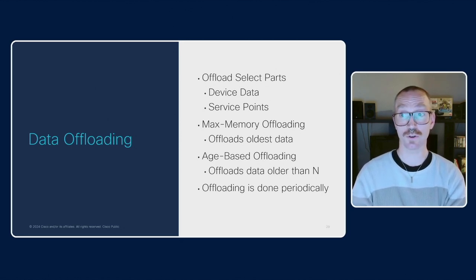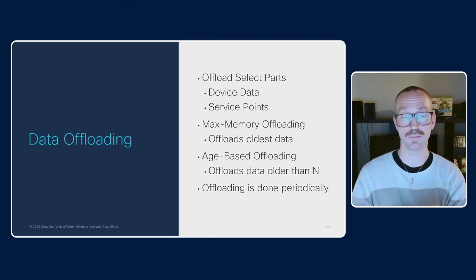We also have age-based offloading, so if you access some things very seldom, you might want to free up resources for other things by just looking at when it was last accessed and then offload it preemptively. All the offloading is done periodically.